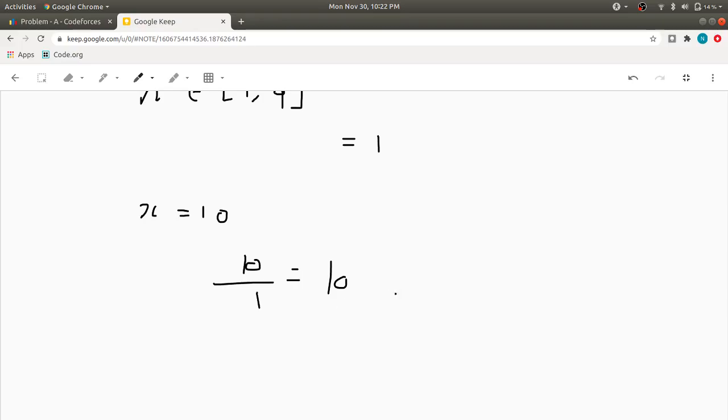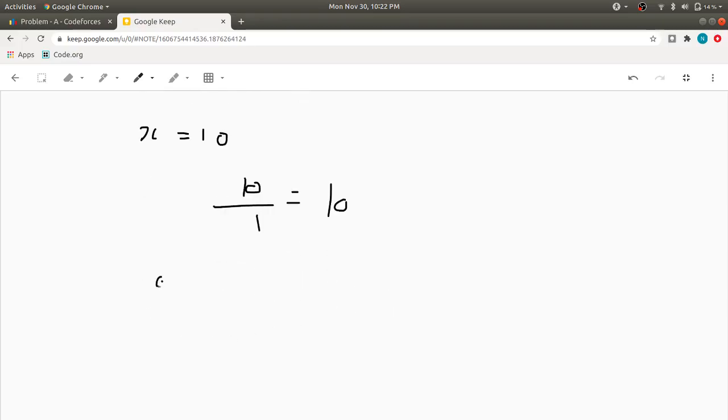Now let's see g(20). We calculated g(10) and got 10. For g(20) also we get 10, for g(30) also 10, and likewise till g(90) we are going to get 10. So all these will be equal to 10.